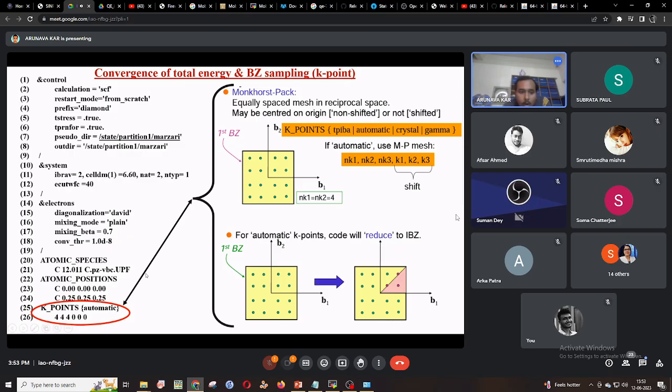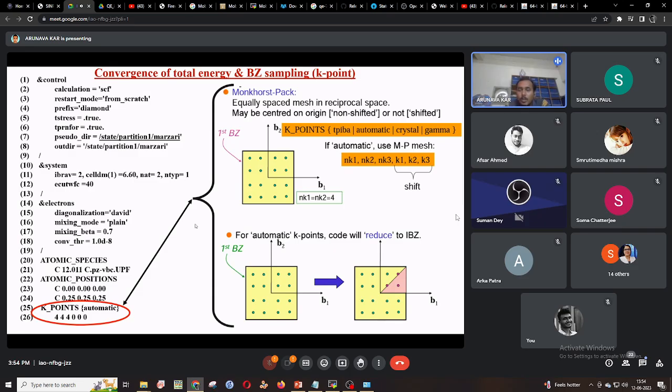If you offset your values to 1, 1, 1, then the center of this point will shift to another position, this point. So depending on the symmetry of the system, sometimes offset values can give you fewer K points, which reduces your computational time.